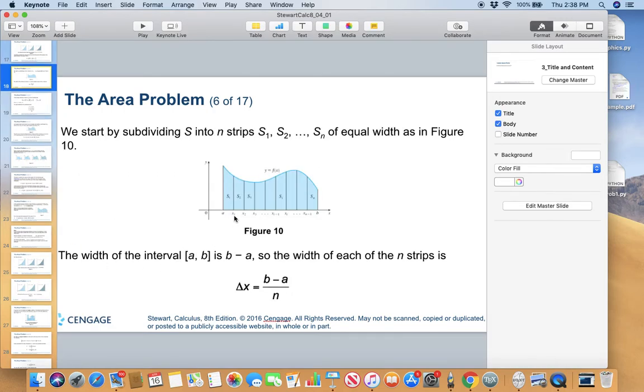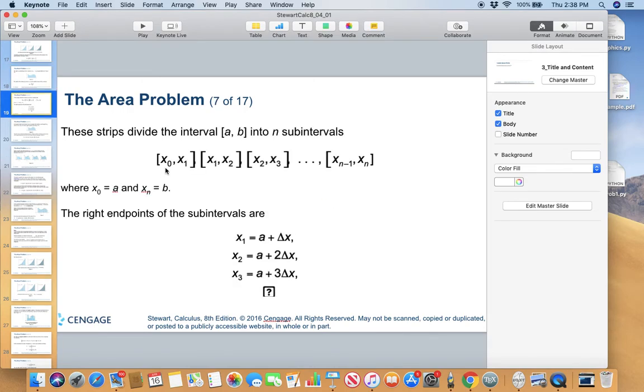You see x1 there, x2 there, x3 there, and x(n-1). a is x0 because that's the one before x1, and b is xn because that's the one after x(n-1). So x0 is nothing but a, and the last one is nothing but b. So you have cut your interval a to b into n subintervals.